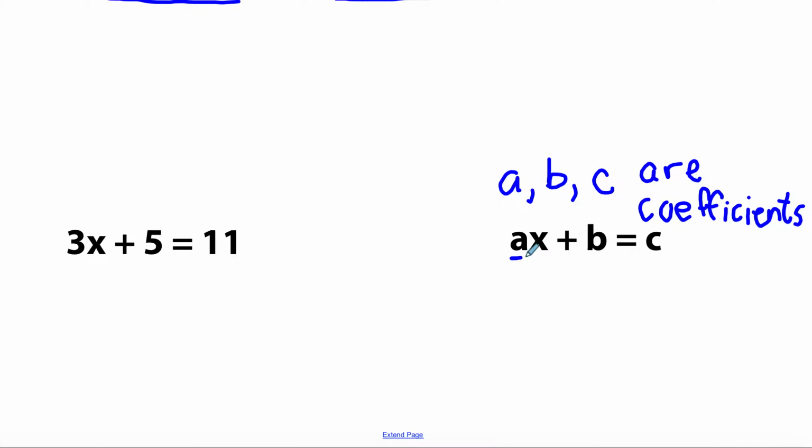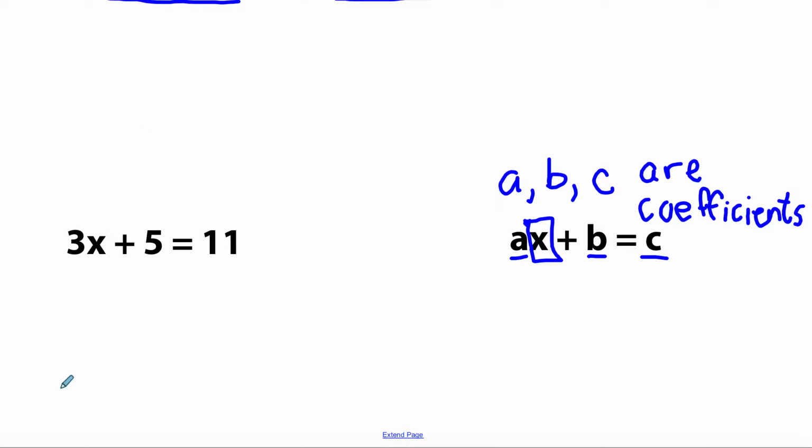What that means is they're really just numbers, but we're going to use variables to refer to the numbers. So here, our only variable, our unknown, is actually x. A, B, and C can be any number. So this is order 1, the degree of 1.